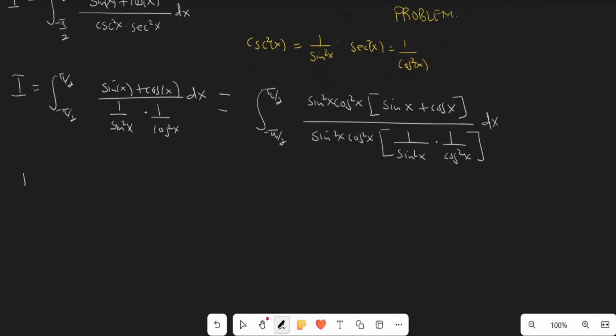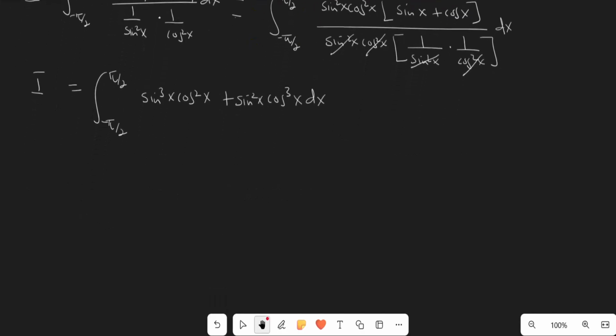So now I is going to be equal to what? You see that some terms will cancel, this one will cancel this, and this will cancel that, right? The numerator is just left with, as we multiply in, sine to the third power of x cosine square of x, and then this one times that gives you sine square of x times cosine to the third power of x dx.